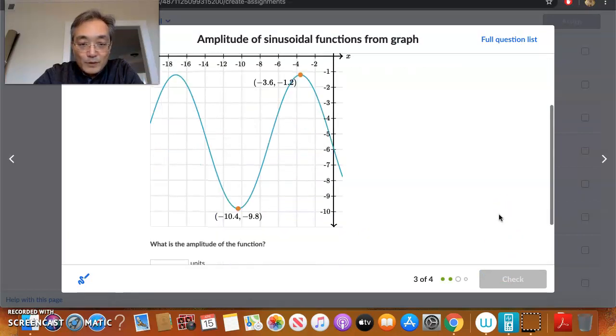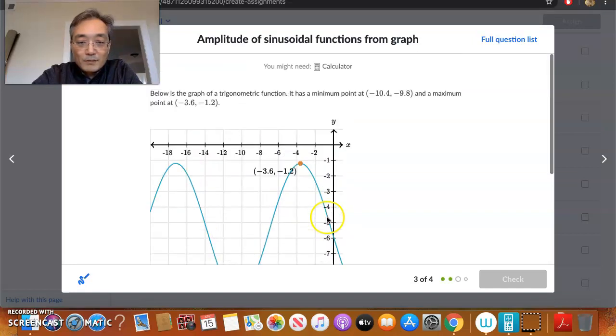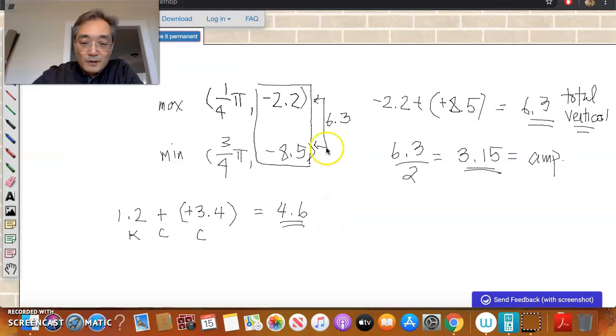Let's do another one. Here we're given a maximum point and a minimum point. So again, we have to subtract the y coordinates to get the total distance and then take half of that. So it's going to be negative 1.2 minus negative 9.8. Again, keep change.